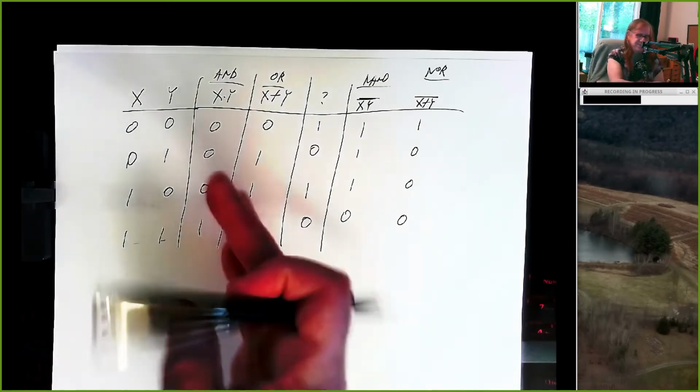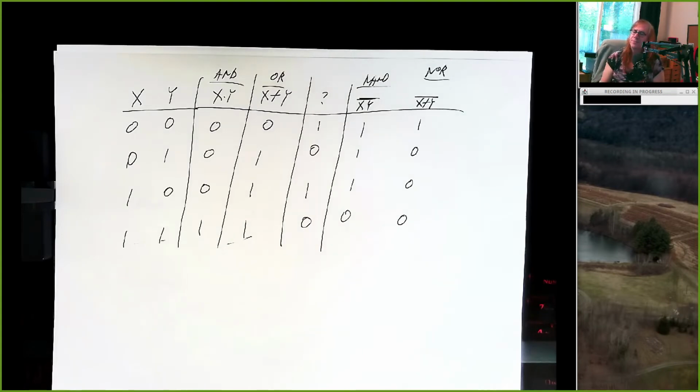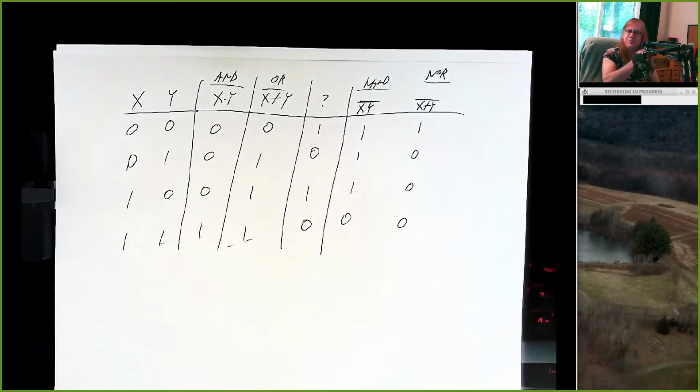How many different functions could we make? I mean, we got 5 already. Depends on how much information we're trying to decipher. So in this case, we've got 2 input variables, and they're binary.